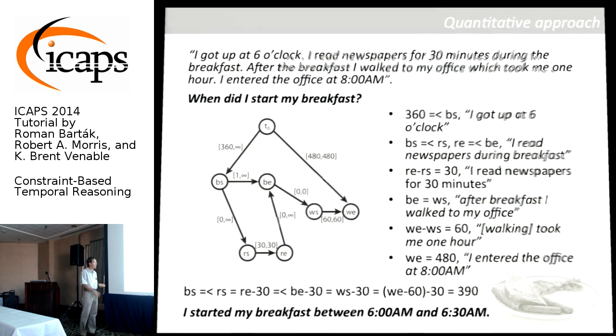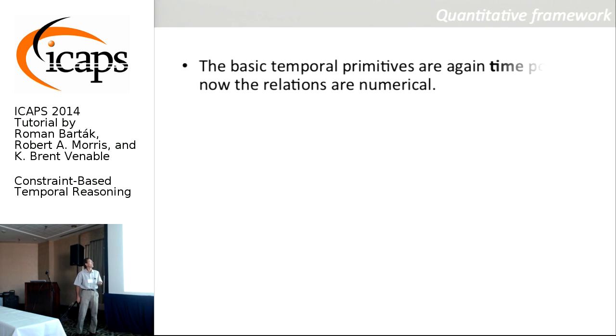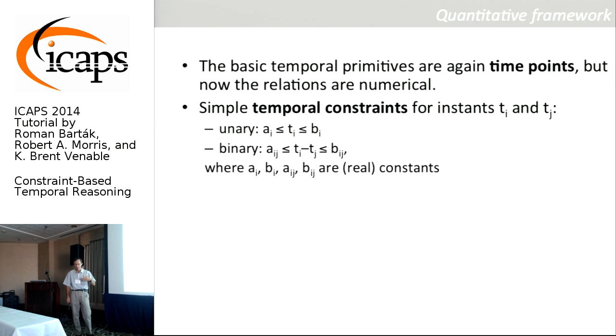Okay, so how can we do it in general? So in these quantitative frameworks, we are working with time points. They describe exact time, and the relations are numerical, meaning these relations describe distances between time points. It could be an absolute relation or unary one, which says this time point happened between 6 and 8 in the morning, right?